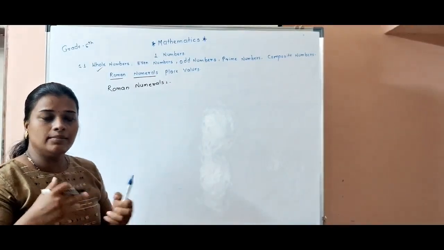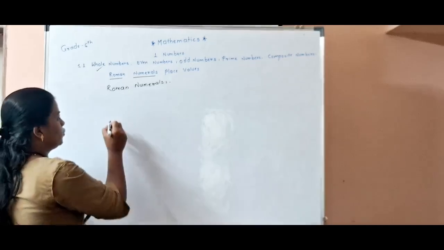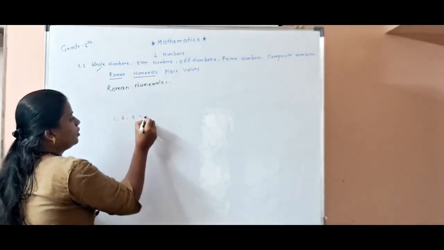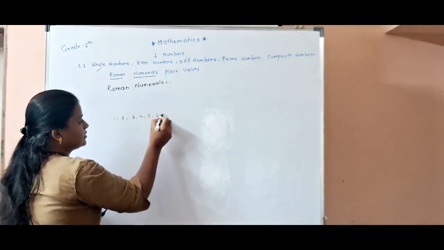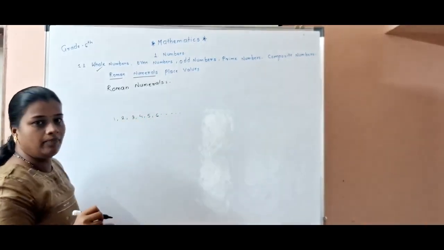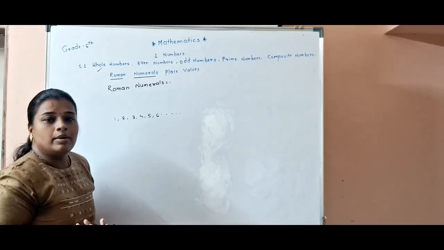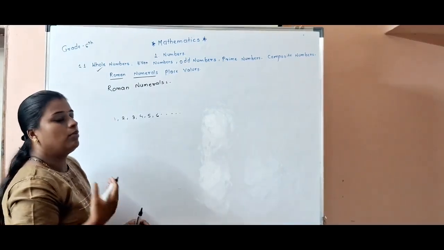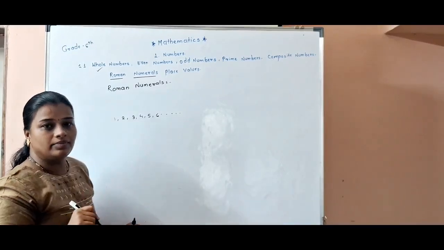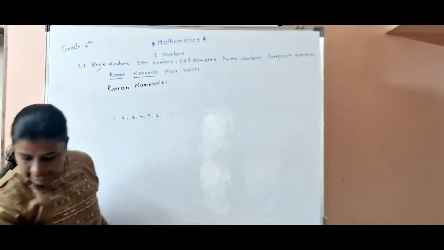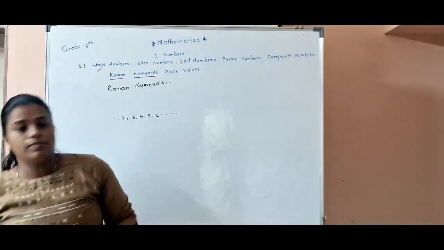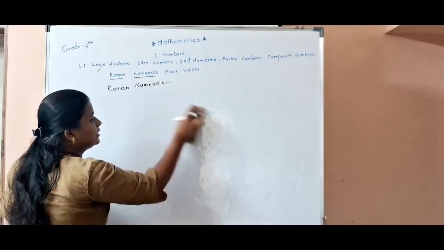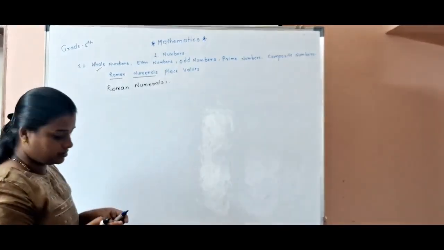See, whatever numbers we study, that is 1, 2, 3, 4, 5, 6, or whatever, these numbers we can represent with the help of Roman numerals. Now there are some basic Roman letters or basic alphabet which are going to represent the international numbers.